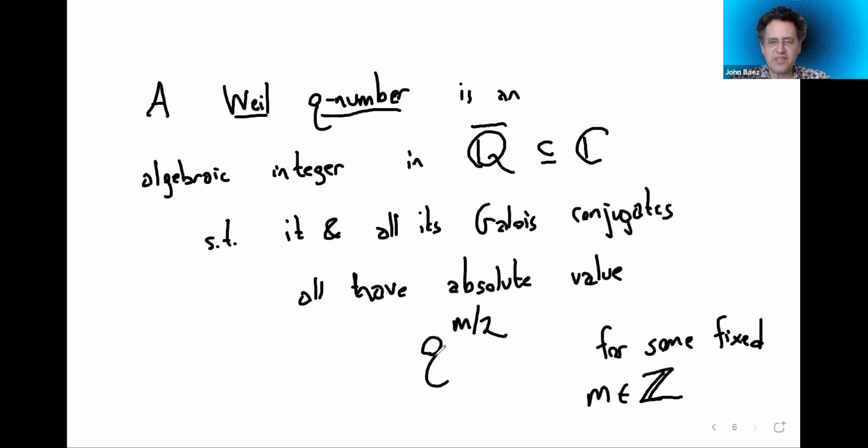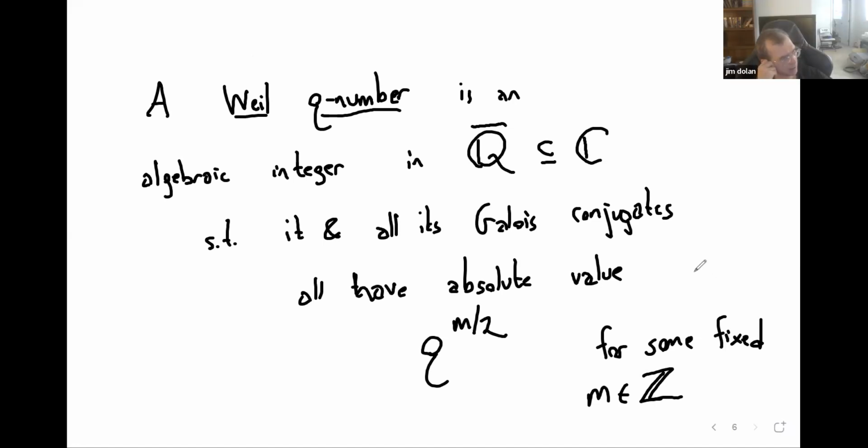The Lefschetz motive has just q points, and the Tate motive, this formal inverse, in some weirdo sense, has q to the -1 points. So that's why we allow these integers here, because we've inverted the Tate motive. If we didn't invert the Tate motive, there'd be a story like this, but we wouldn't have those negative powers coming in.